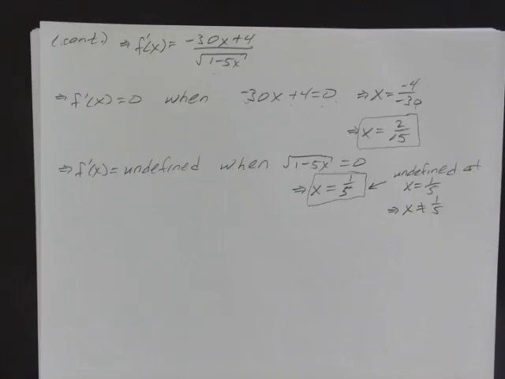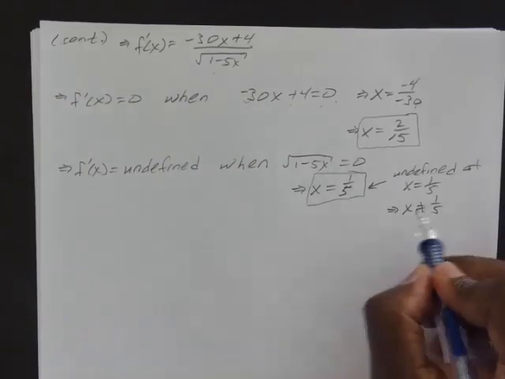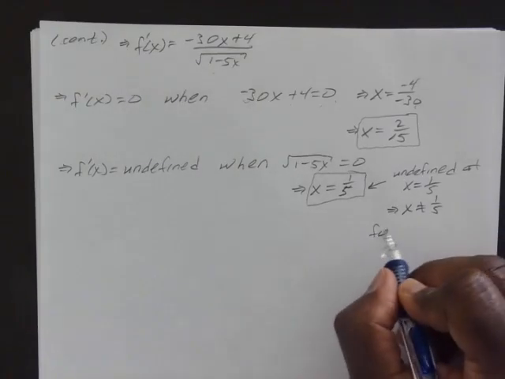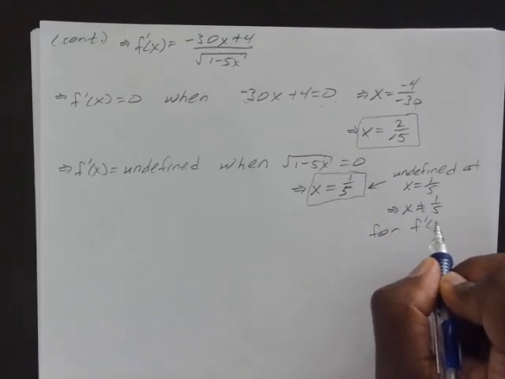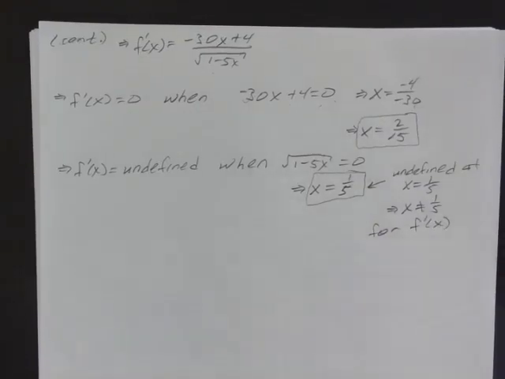So even though 1/5 is perfectly okay for the position function, for the derivative, we can't use it. So it can't equal 1/5 for our f prime of x. For f of x, it's okay. It can equal 1/5. But for f prime of x, off limits.